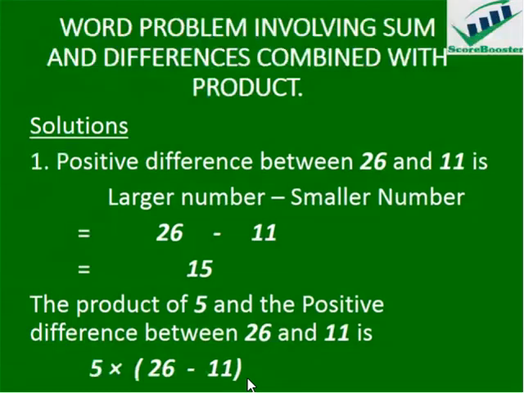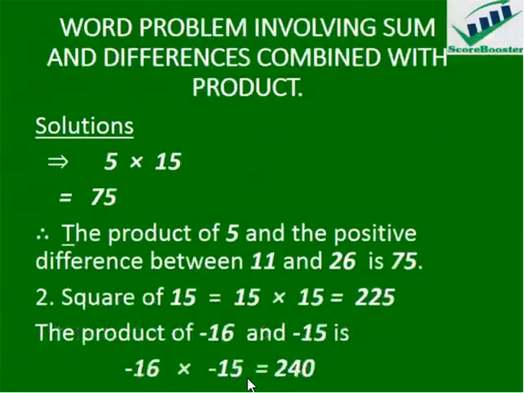So 5 multiplied by 26 minus 11 is the same thing as saying 5 multiplied by 15, because 26 minus 11 will give 15. And 5 multiplied by 15 will give 75. So this is the conclusive statement. The product of 5 and the positive difference between 11 and 26 is 75. That is our final result. It's as simple as that.